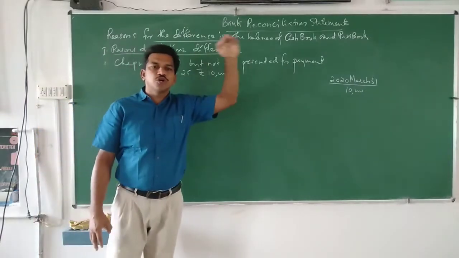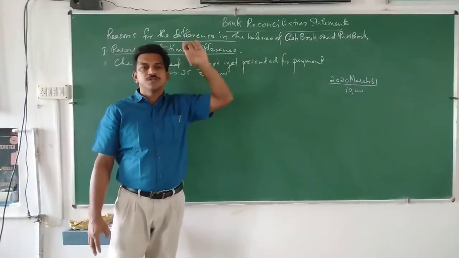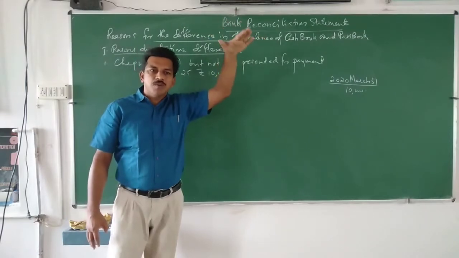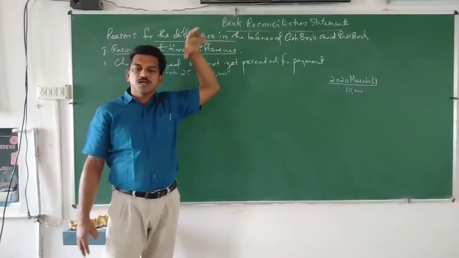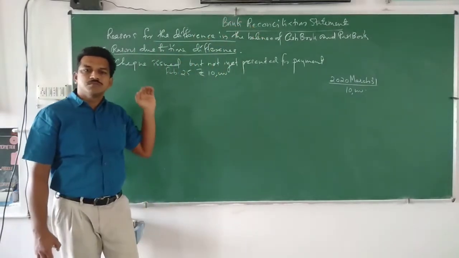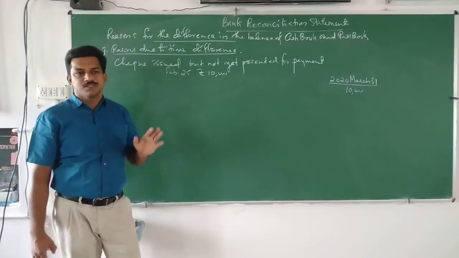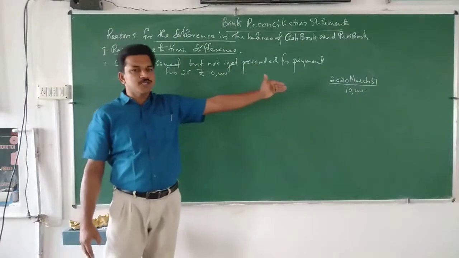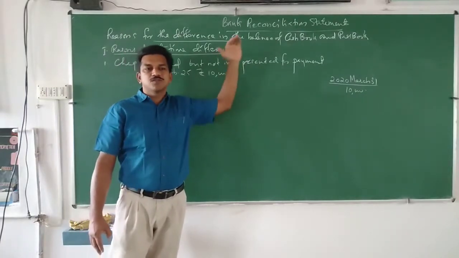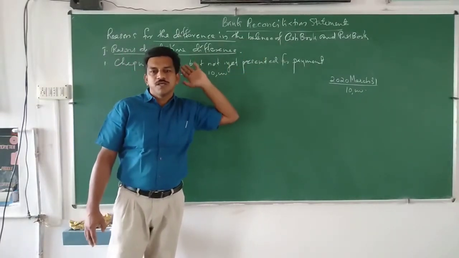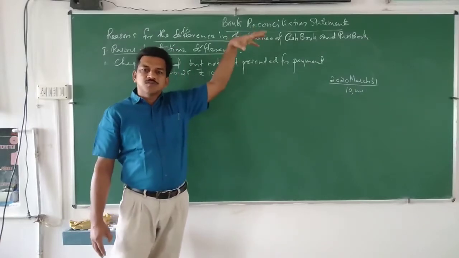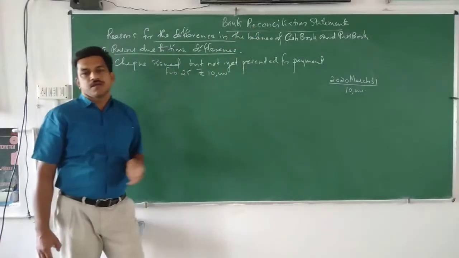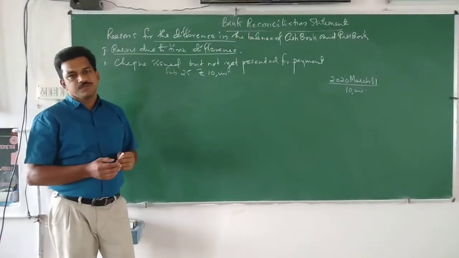So in the bank account, the balance will be more, but in our cash book the balance will be less, because we have already deducted it. So the bank balance will be more than the cash book balance.